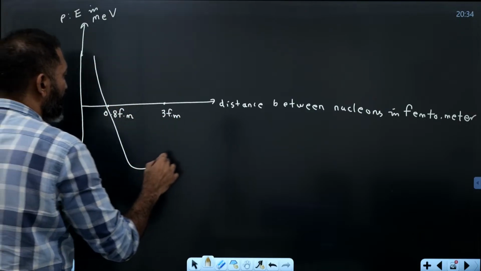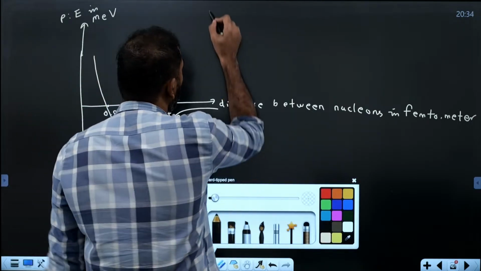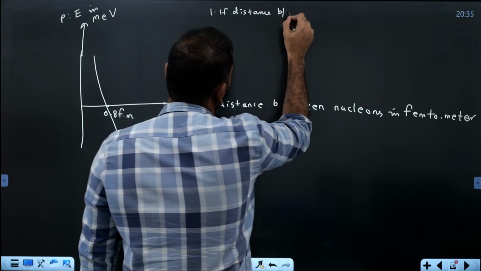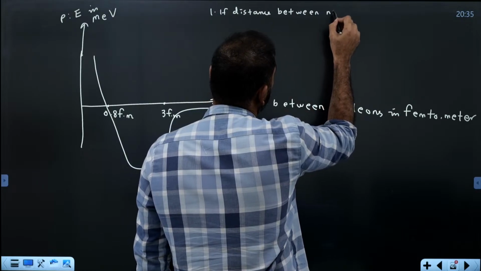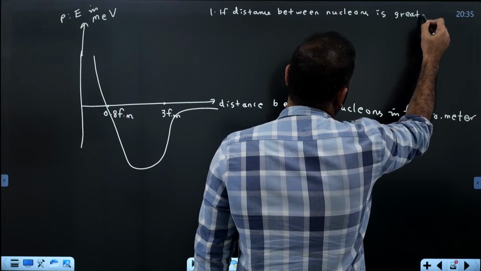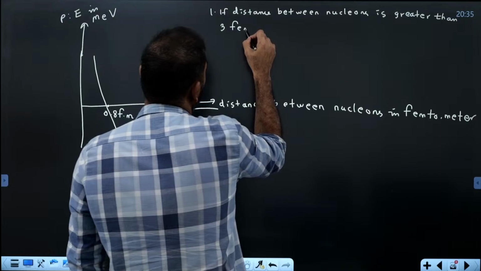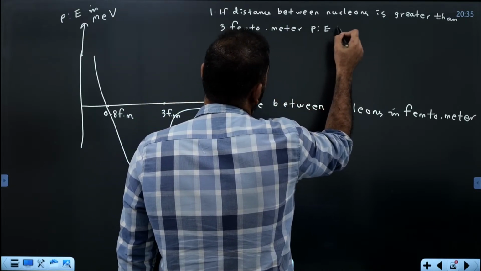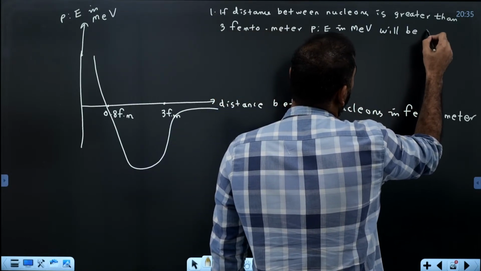See, there are 3 points to be noted. First case, if the distance between nucleons is greater than 3 femtometer, potential energy in MeV will be small and negative.